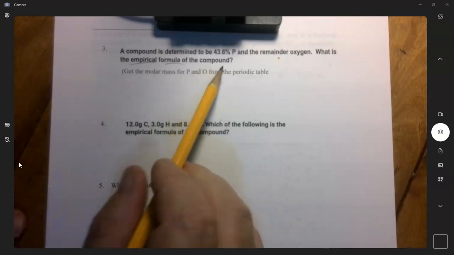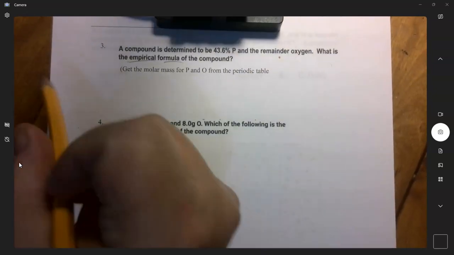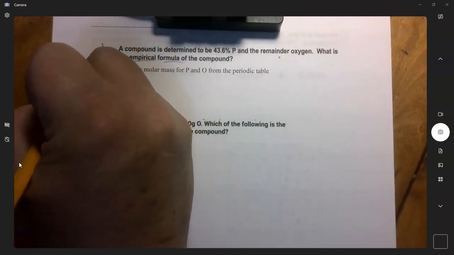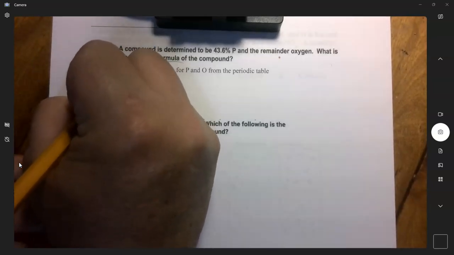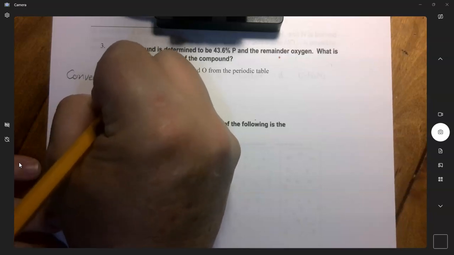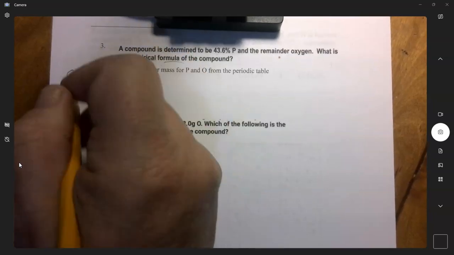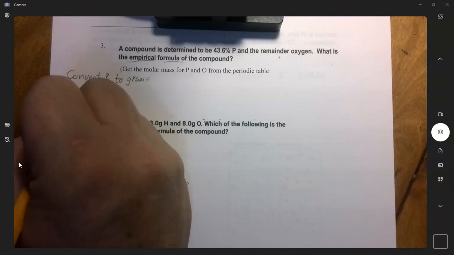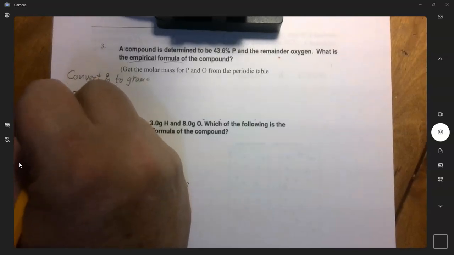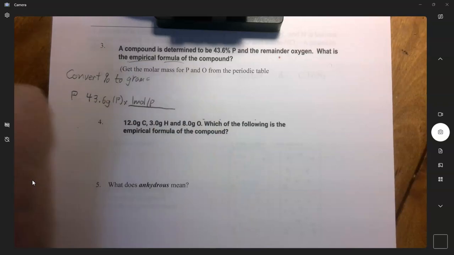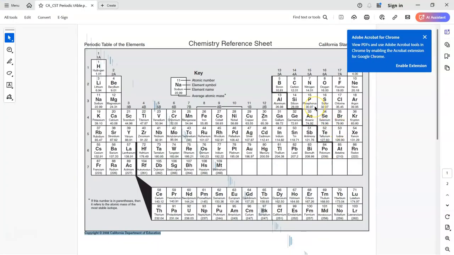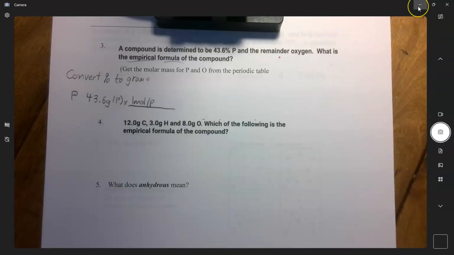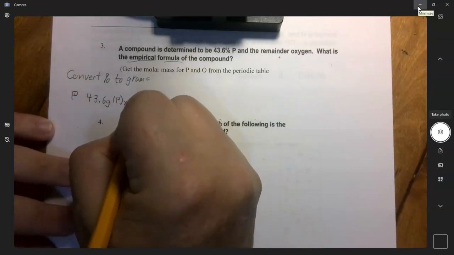But first we convert the percent of phosphorus to grams. So convert percentage to grams. So come down here first for phosphorus and then to moles. And go to the periodic table, which says phosphorus, number 15, is 30.97 grams per mole.